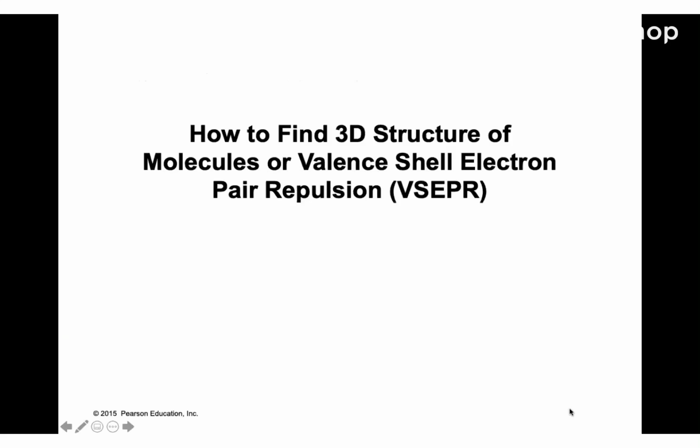Hi all, today I'm going to talk about how to find the 3D structure of molecules, or valence shell electron pair repulsion, or geometry of the molecules. In the 2D structure or Lewis structure, we talked about how to draw the molecule on the paper, just with Y and X axis, just horizontal and vertical lines on the paper.